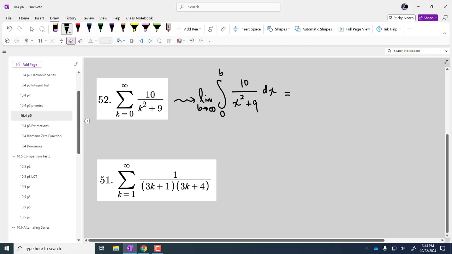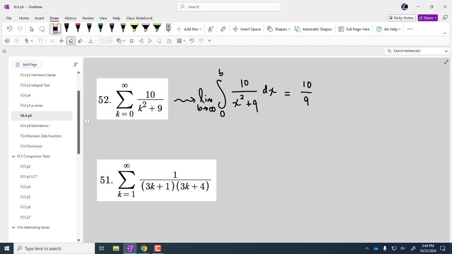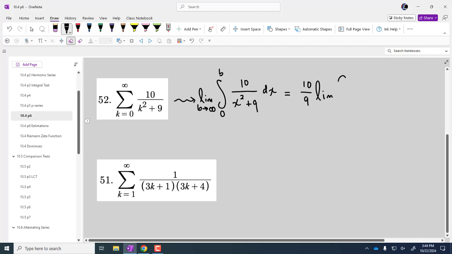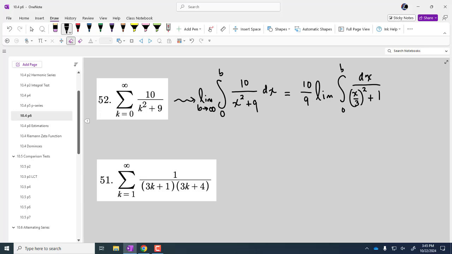Inverse tangent. So we're going to pull out a 10, we're going to pull out a 9. Oops, and we still have limit. So if we pull out a 10 and a 9, pulling out that 9 is going to give us x divided by 3 quantity squared plus 1. So that is in the form of arctan. We're going to have 10/9 multiplied by limit.